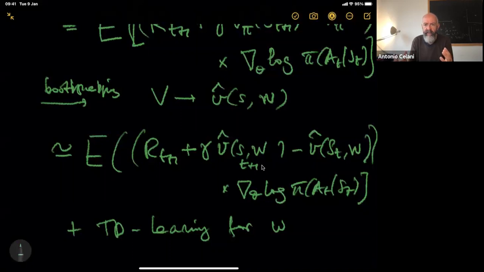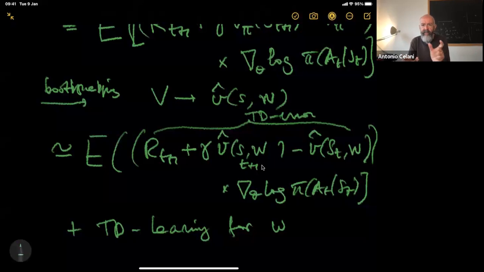So I am using an approximation for the value to obtain this object here, which now you will recognize exactly as the temporal difference error. So this is the place where temporal difference learning comes into play. The prefactor that appears in the estimation of the gradient is exactly the temporal difference error itself.